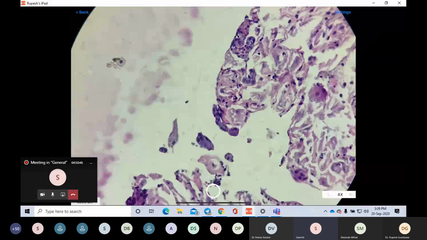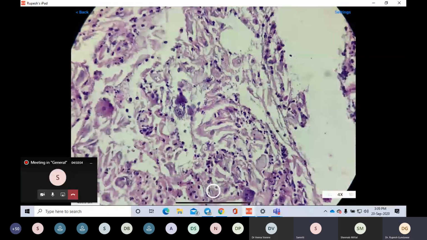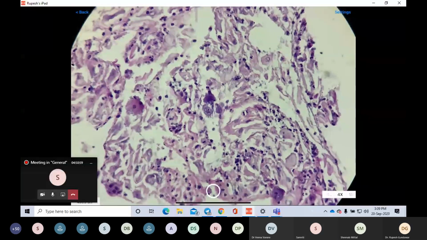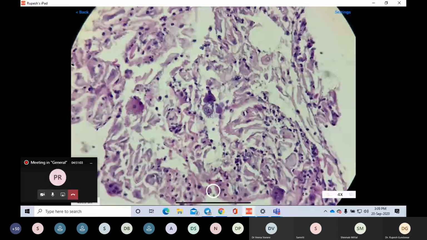So this entamoeba. See, this is esophageal biopsy. Anyone else?